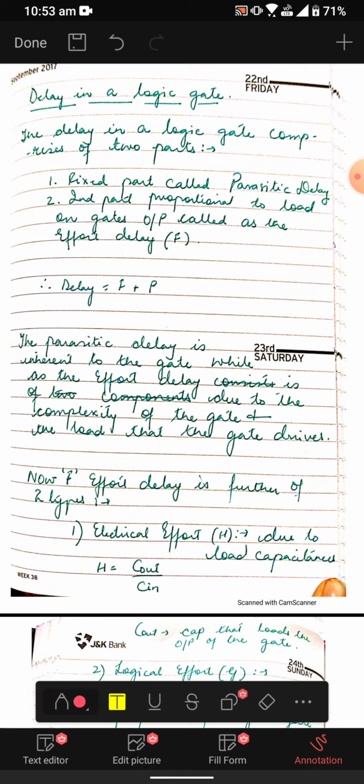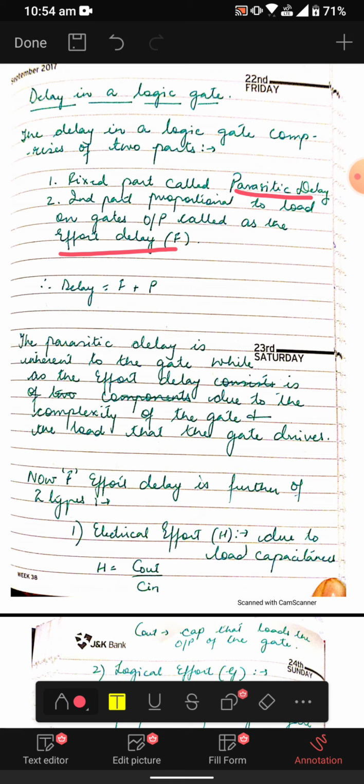Okay, now we have to understand it with respect to the CMOS technology. So the delay in a logic gate essentially comprises two parts. The first part is fixed and is called the parasitic delay, and the second part is called the effort delay, F. Parasitic delay is inherent to the gate.